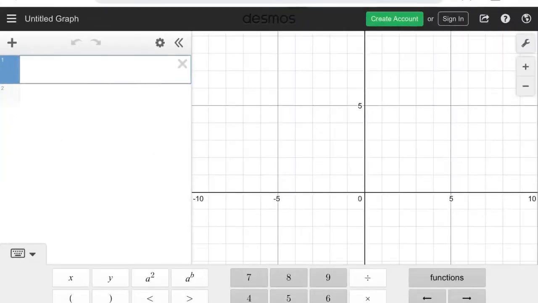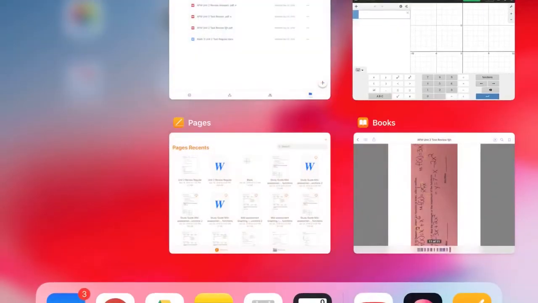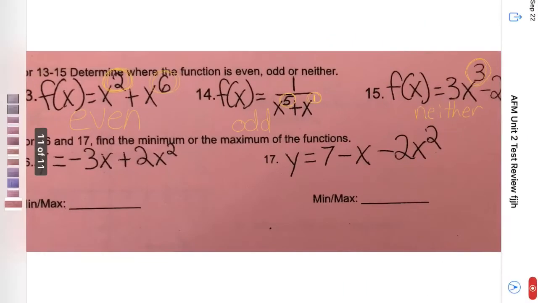We've already got Desmos set up for us. So we're going to type in our equation. So the first one was y equals negative 3x plus 2x squared.